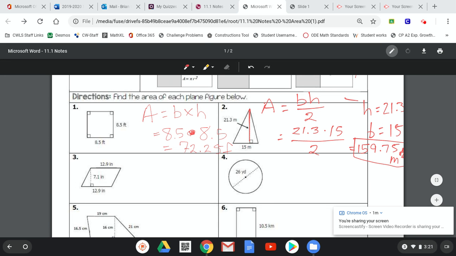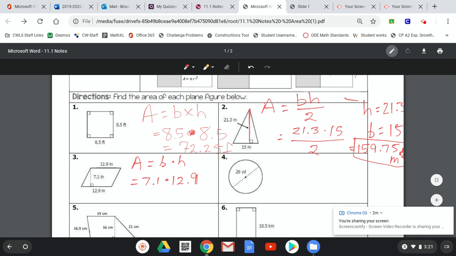The next one is a parallelogram, because opposite sides are congruent. For this one, our formula is area equals base times height. All we have to do is 7.1 times 12.9.